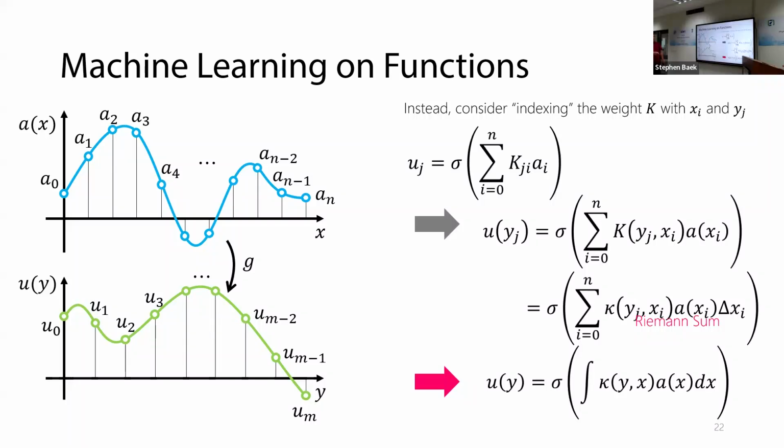I don't know when you learned this in the Indian curriculum, but either in high school or in the first year in college, you learn this relationship that the integral of something is essentially just the infinite sum of it. So in this formulation over here, if we consider this capital letter K as the kernel kappa times delta x, then this is essentially the same as the Riemann sum of this integral.